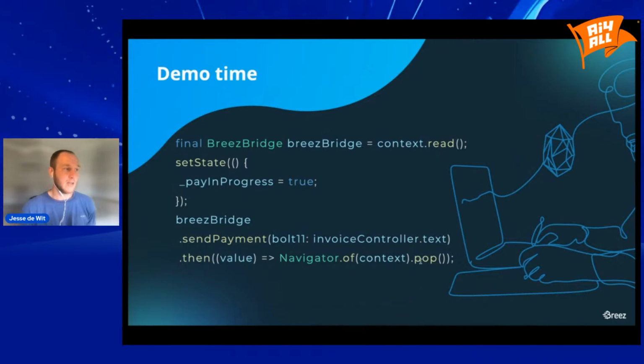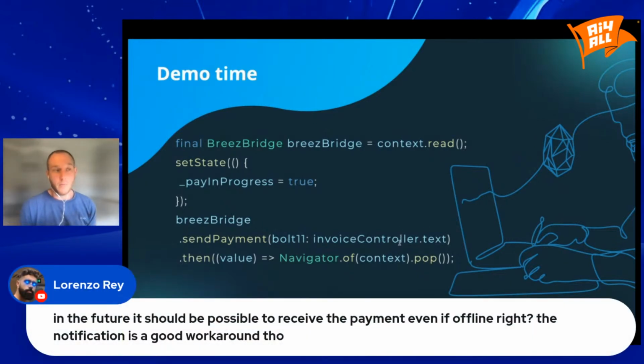Lorenzo asks whether in the future it should be possible to receive the payment even if offline. The notification is a good workaround. In the future, there will have to be a change to the Lightning protocol called async payments, which allows for asynchronous sending and receiving.